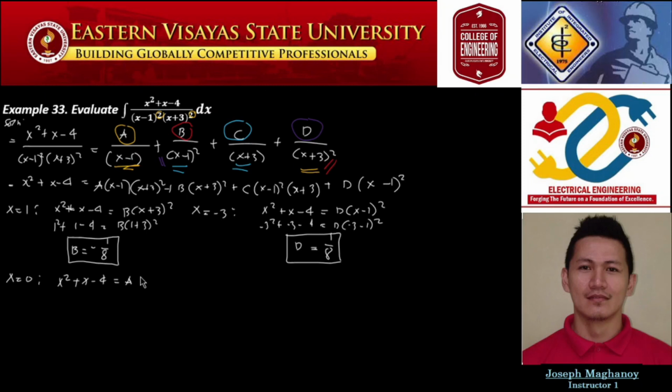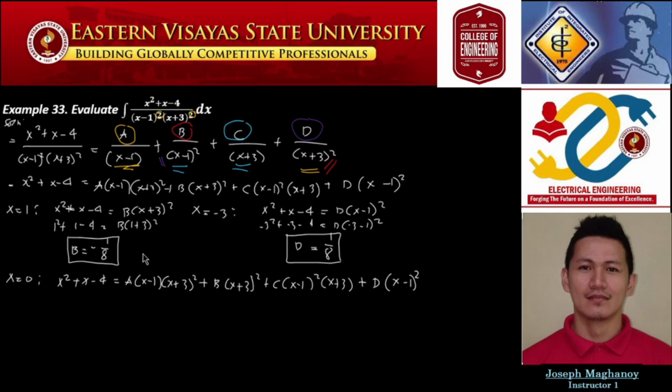So a, x minus 1, x plus 3 squared plus b, x plus 3 squared plus c, x minus 1 squared, x plus 3 plus d, x minus 1 squared.